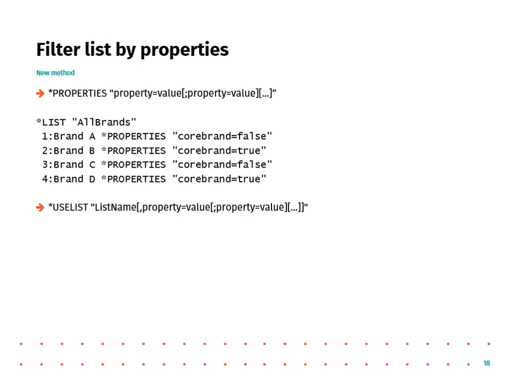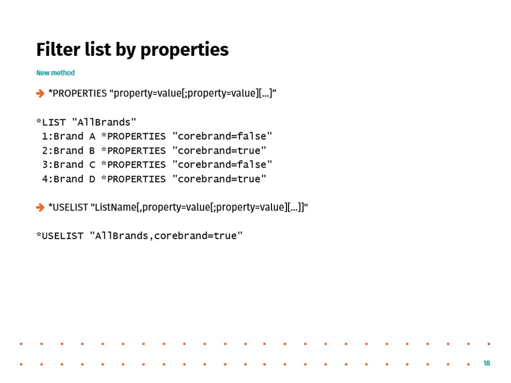Next to the list name, we can also use property equals value to quickly make a selection of all the categories in the list based on the property. You can use more than one property, and then it will be a logical AND between these two properties, to drill down to a portion of the list.